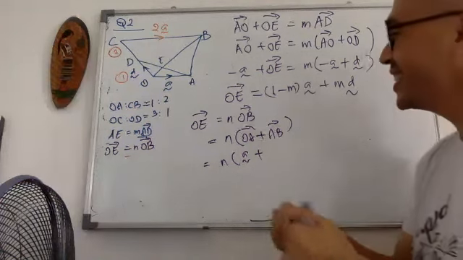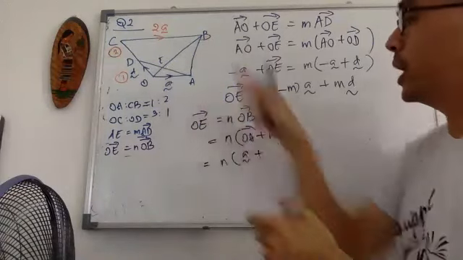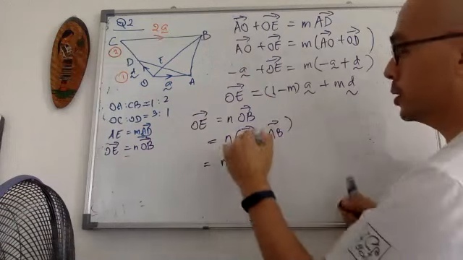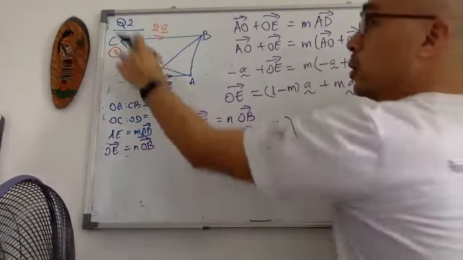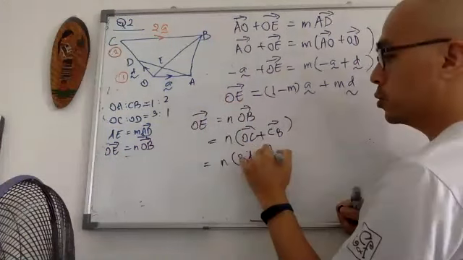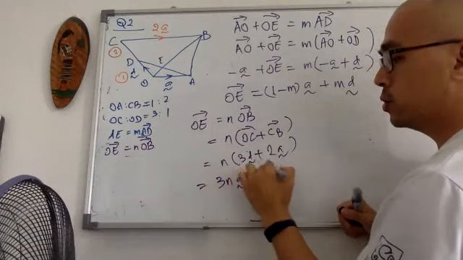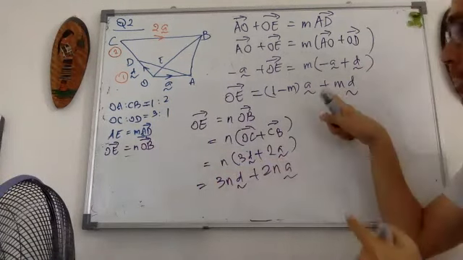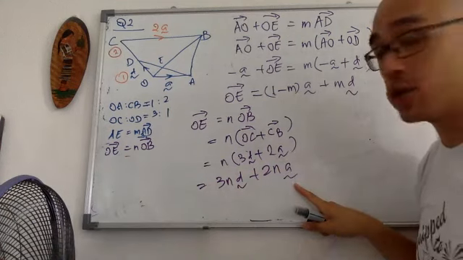Okay, fine, OB. Oh, okay, let's do it the other way. Sorry, OC plus CB. So OC is 3B, CB is 2A. So this will be 3nB plus 2nA. And then this one and this one, you make the simultaneous equation, then you compare.